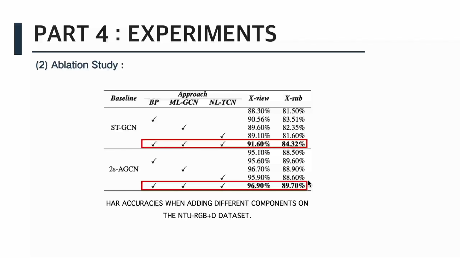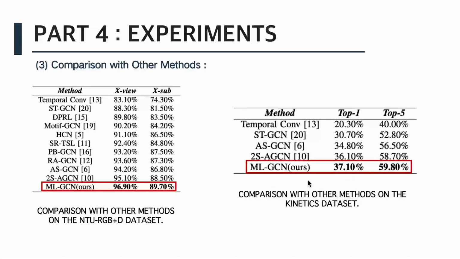To ascertain the effectiveness of our proposed ML-GCN model, we compared its performance with several popular methods. According to these two tables, our proposed ML-GCN has a certain elevation in accuracies compared to these methods.